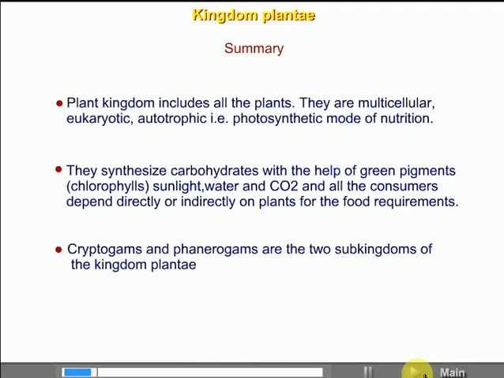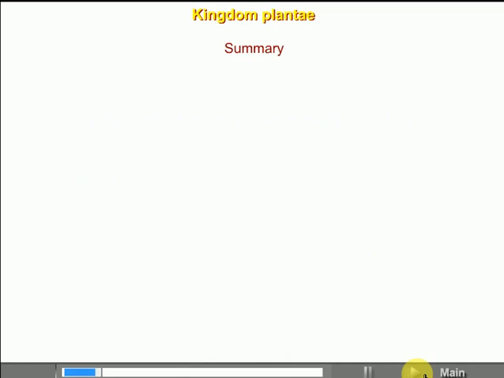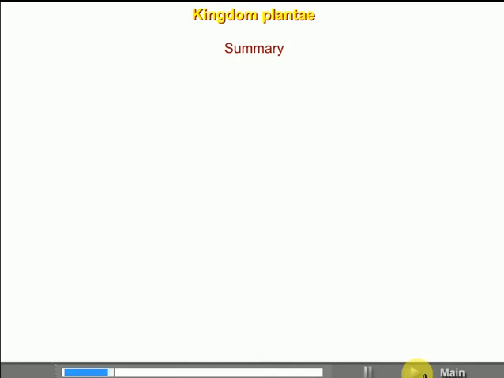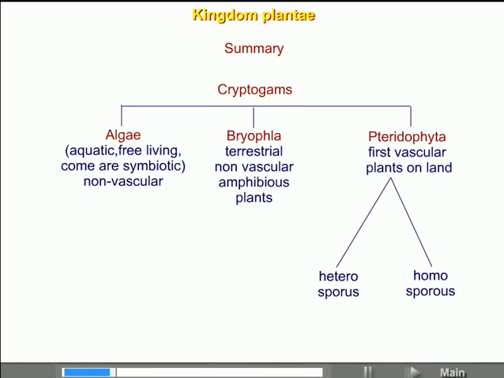Cryptogams and phanerogams are the two subkingdoms of the kingdom Plantae. Kingdom Plantae is divided into cryptogams, that is, sex organs concealed, do not produce seed, and phanerogams, that is, seed producing. Cryptogams are further divided into algae, bryophyta, and pteridophyta.